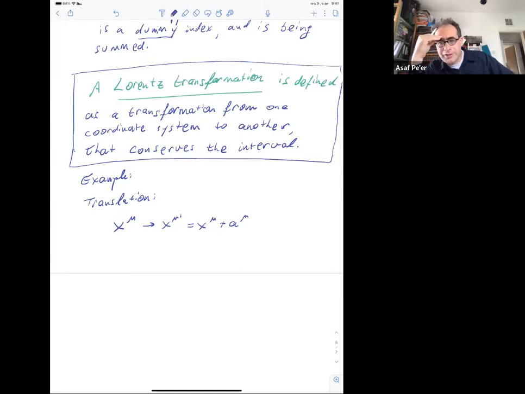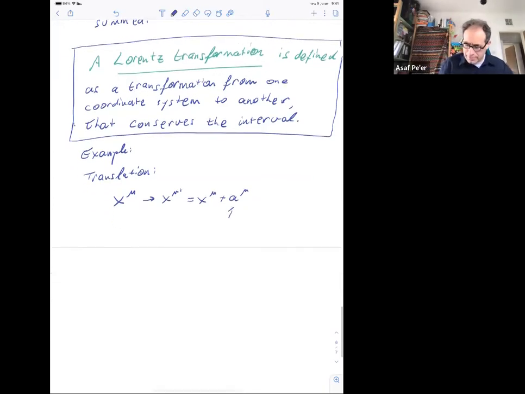It includes shift in time and shift in space of the origin. A mu, of course, is a number, four fixed numbers.